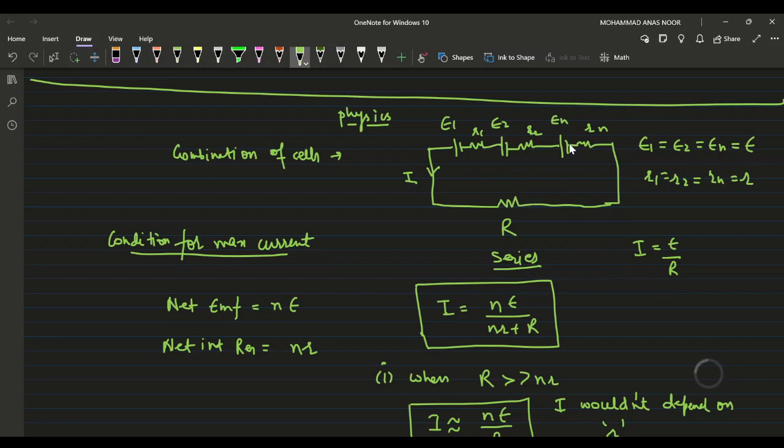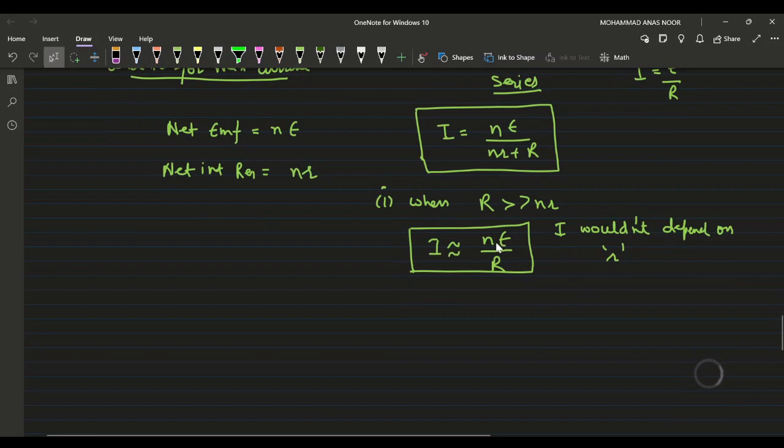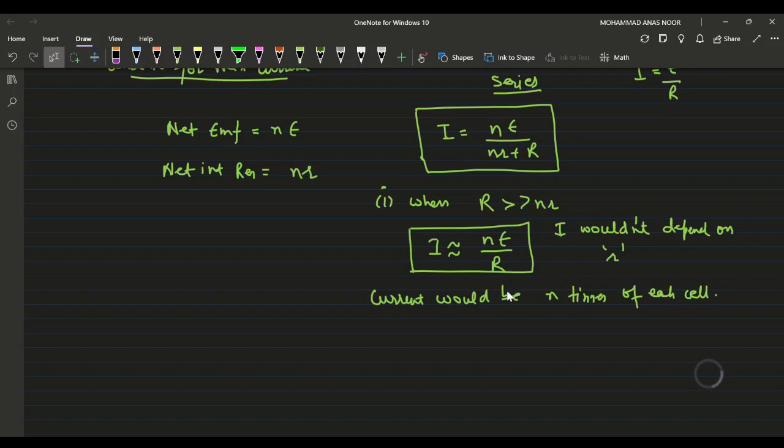Now these n cells are giving a current of n times E by R, isn't it? So we have got the point that the current would be n times of what each cell individually would give us, right? But this is only when R is greater than nr.